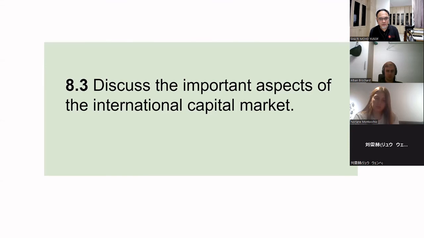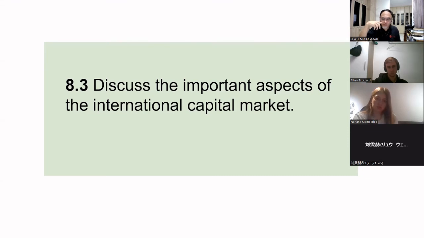And of course, they're trying to develop new products. Have you heard of Sukuk? Sukuk is Islamic bonds. Sukuk is very popular, to cater for countries that don't accept the concept of pure interest.